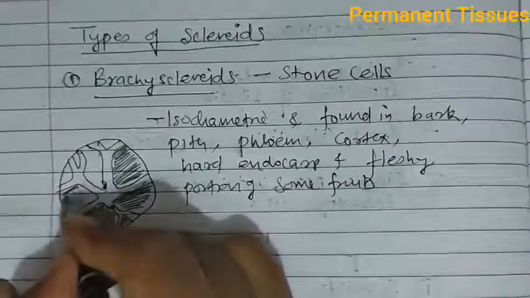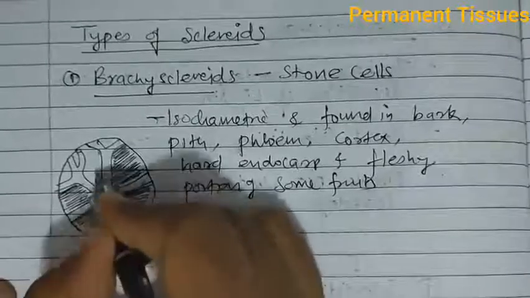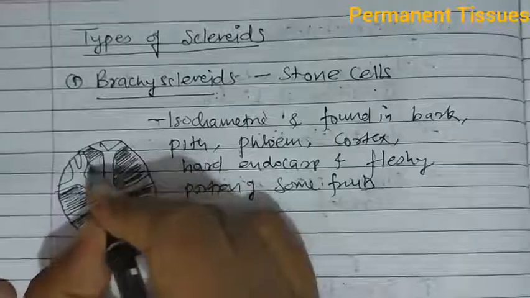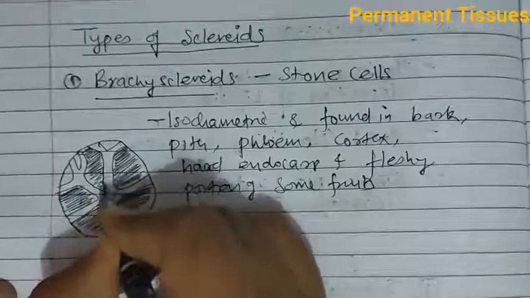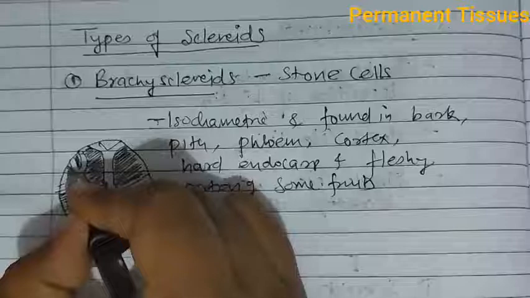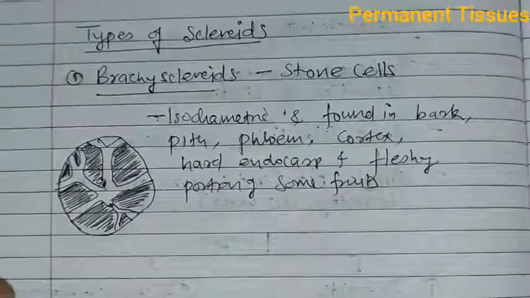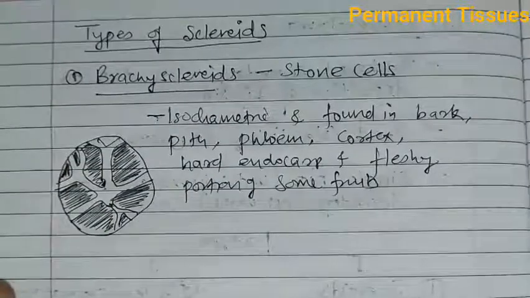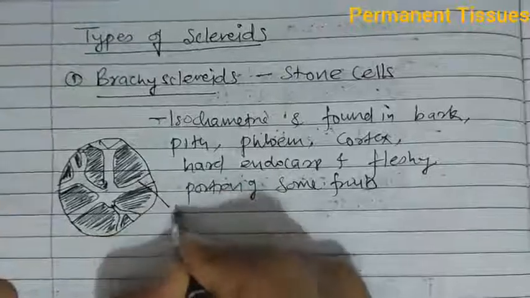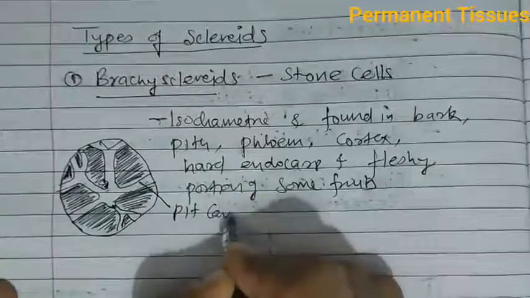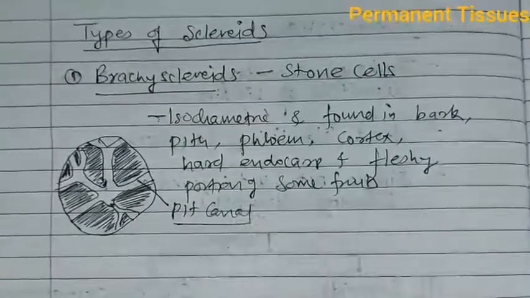You can see this much cell wall is found in brachysclereids. This elongated structure is named the pit canal, where secondary deposition is absent.